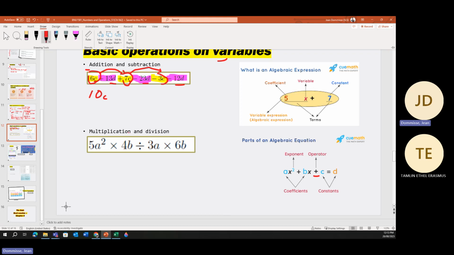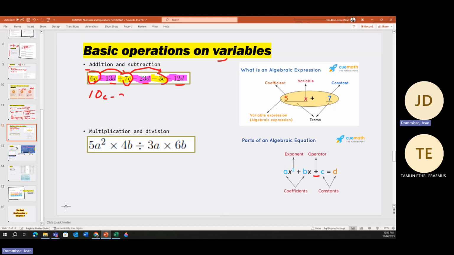Plus 13 minus 23 is minus 10, minus 10 minus 12 is minus 24. So that would be minus 24D. And that is how you simplify the basic operation with a variable.